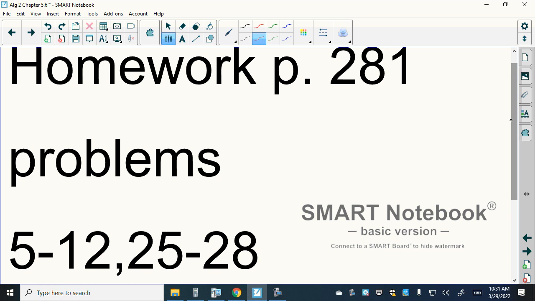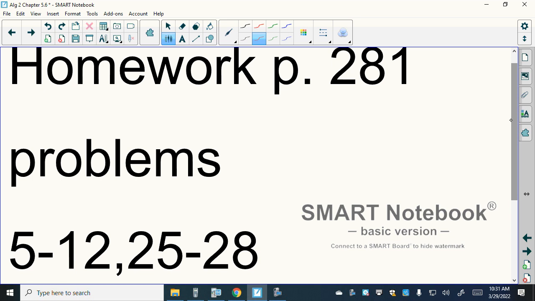There are 2 we didn't, quote unquote, cover: g of g of x and f of f of x. You're just plugging the function into itself instead of doing f of g of x or g of f of x. Same thing, it's just doing the same function twice. Then 9 through 12 is finding the value. So they'll give you f of g of 2 or f of g of negative 3, and you're just finding those values.